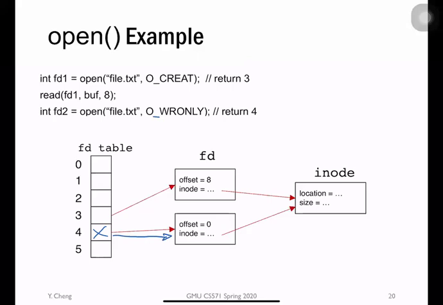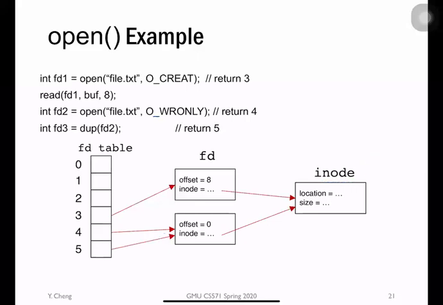And you further establish the connection between the file descriptor, which is completely the runtime state, and the static information associated with the file that you just opened up, which is the inode of that file. This is the inode of file.txt, okay?